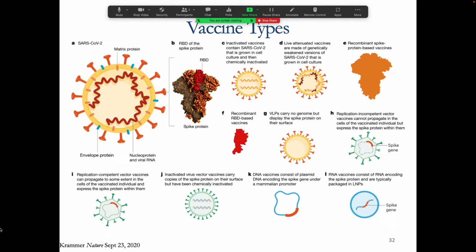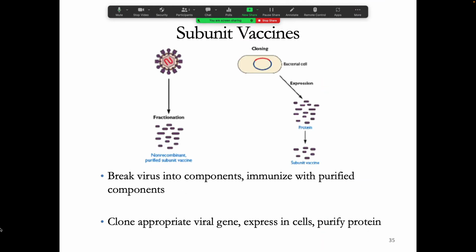So we might make the spike protein and give you the spike protein. Sometimes we'll even give you a piece of the spike protein. But here and here and here, you can see different ways of making just the spike protein that we could use. And one could do that by taking the virus and breaking it apart and purifying out all the spike proteins.